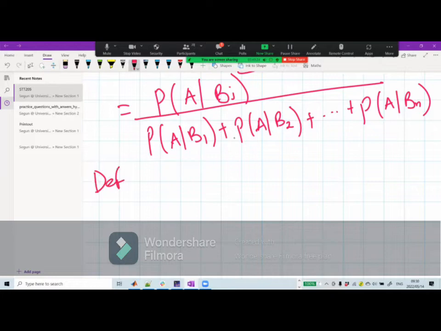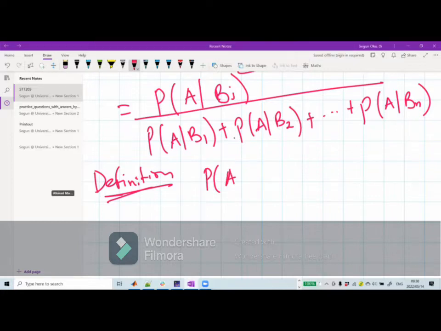One of the definitions we have here is that probability of A given Bj is the same thing as probability of A intersection. Who can tell us? We did it last week. Intersection what, please?